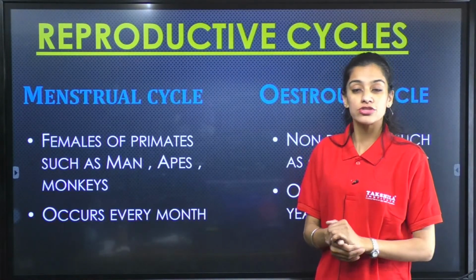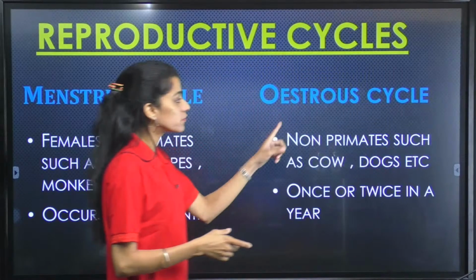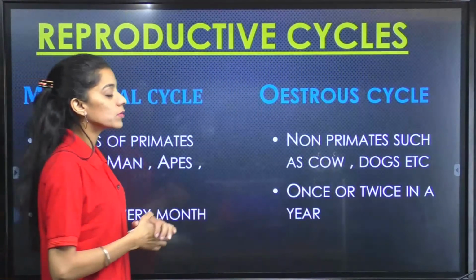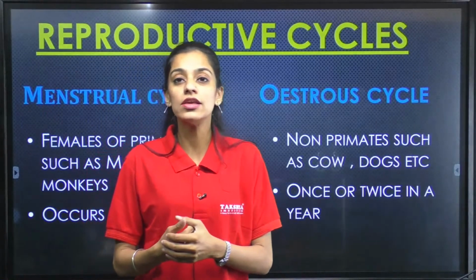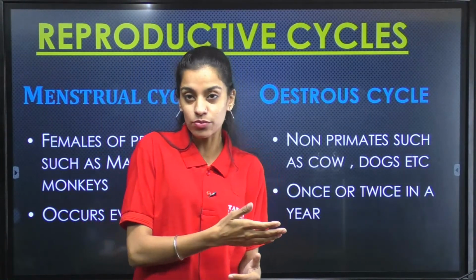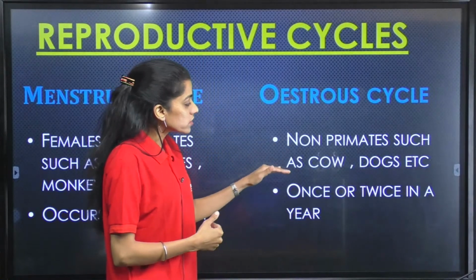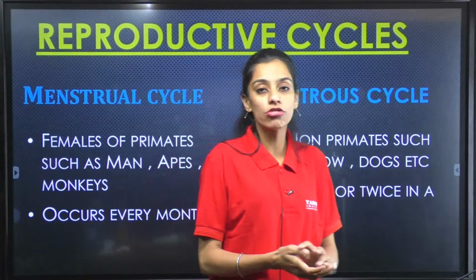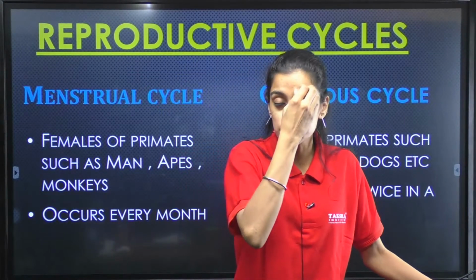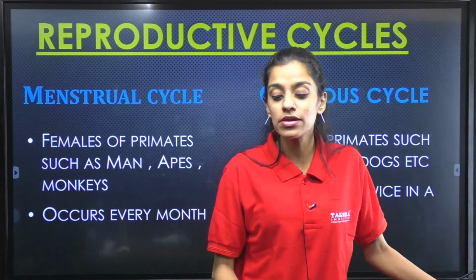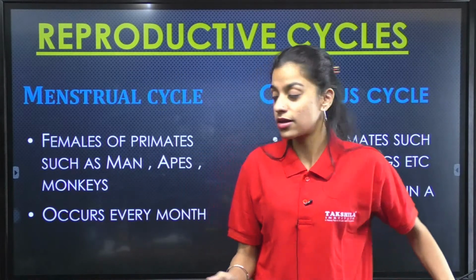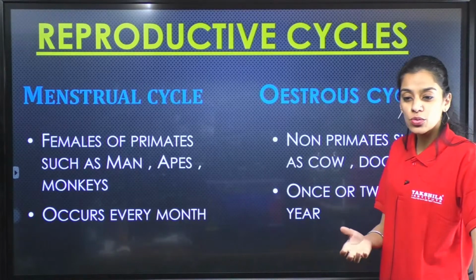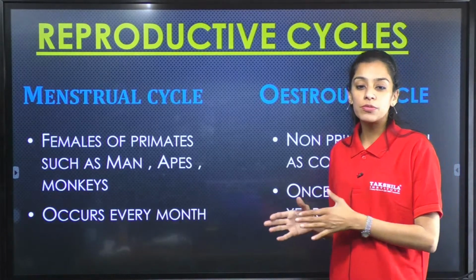Whereas the estrous cycle is the one followed in the non-primates, for example cows, dogs, etc. Once they are in the estrous period, they could only undergo the fertilization process then.